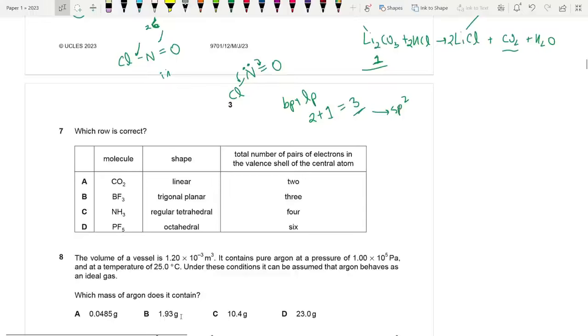Next, number 7, which row is correct? CO2 is in fact linear. The total number of pairs of electrons in the valence shell of the central atom. It has a double bond over here.